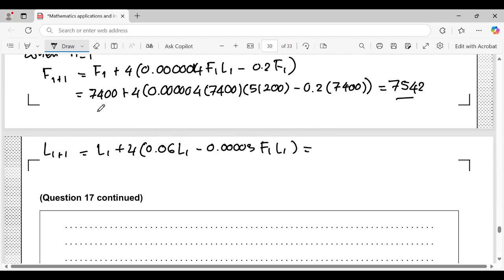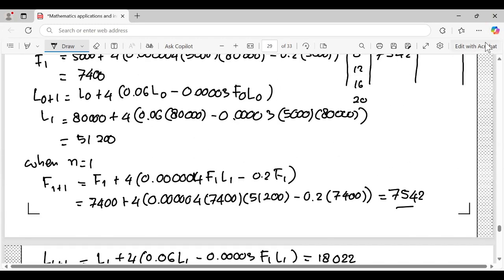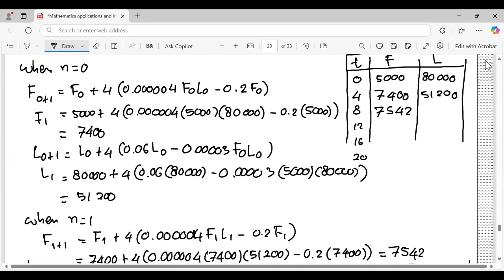And if you calculate with the procedure like this, the result is 18,022. So writing here 18,022. Next, 12.